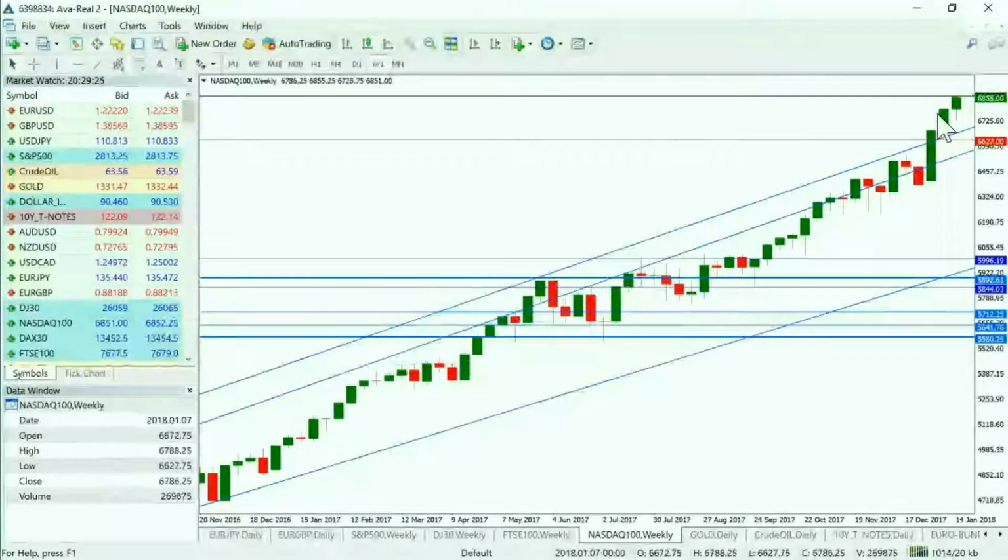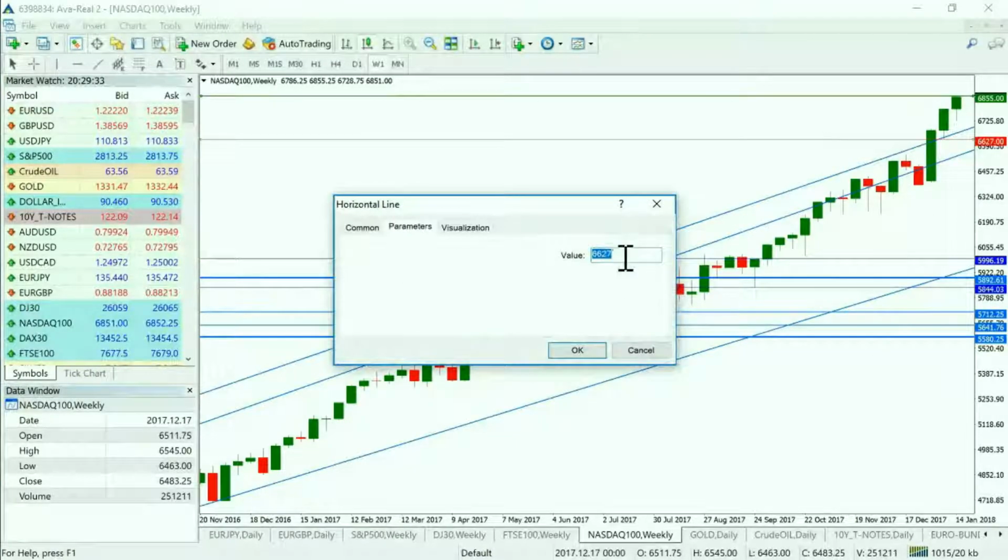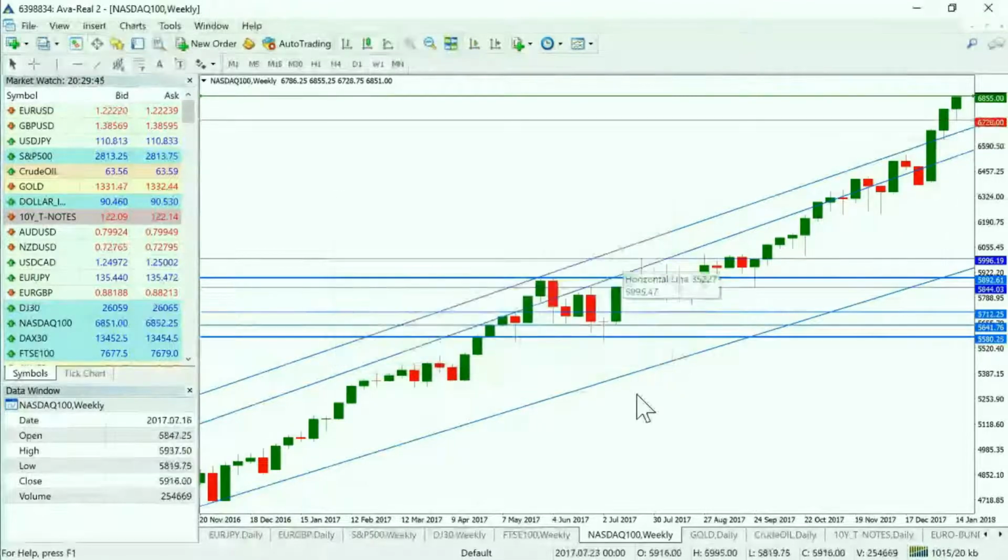Okay, and the level to the downside is 76.28. So let's work with that level. 28. So that's the low in the NASDAQ.